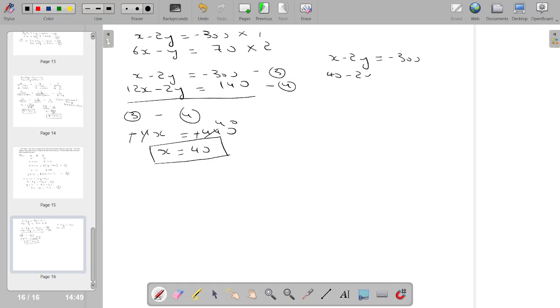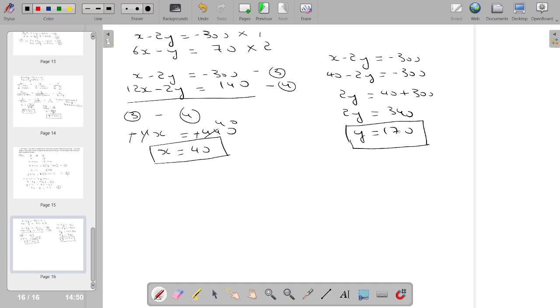From equation 3, 40 minus 2y equals minus 300, so 2y is equal to 40 plus 300. I just moved the terms here and there, changing the sides. 340, so y is equal to 170 rupees. This is the original amount person B has.